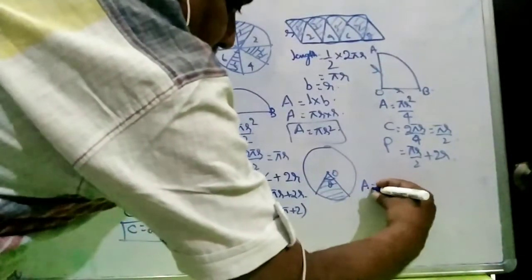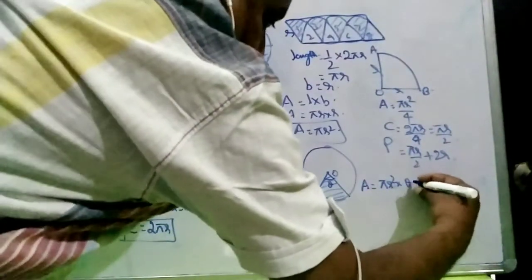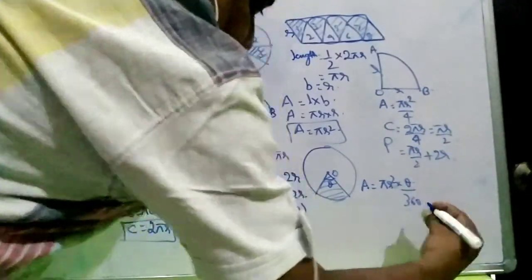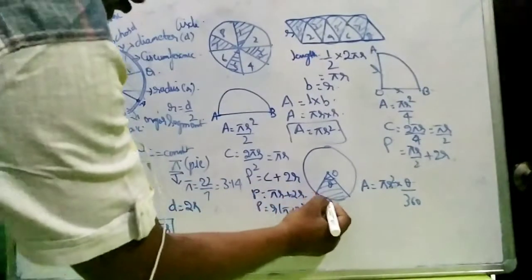So area is equal to pi r square into theta upon 360 degrees. This is the area of the complete sector, including the curve part.